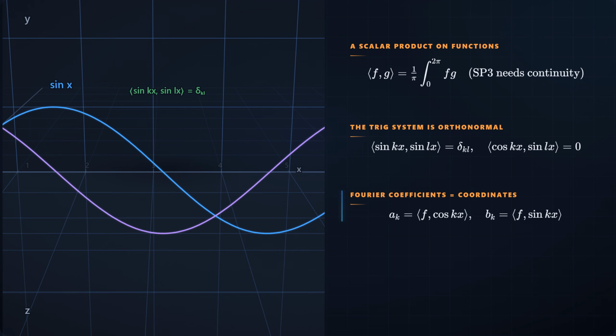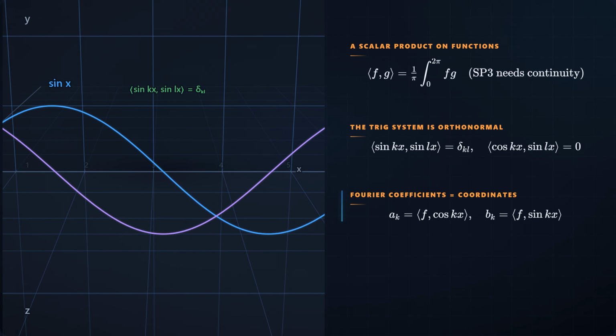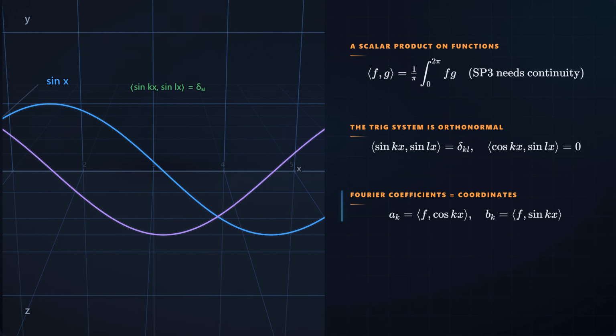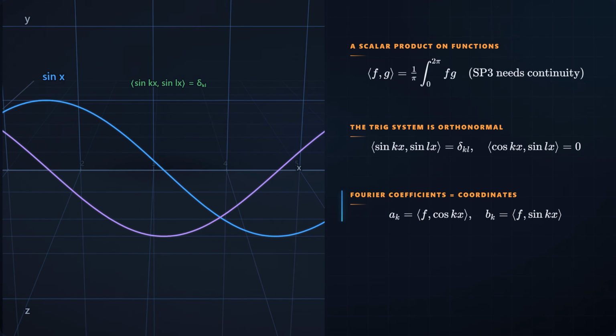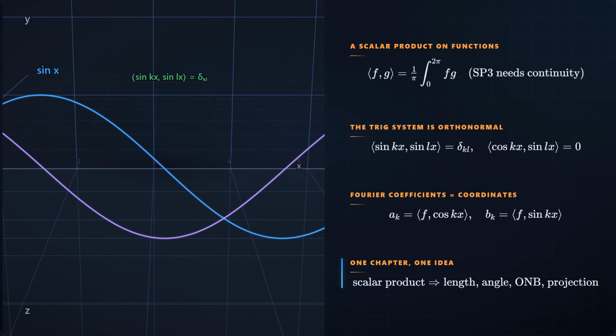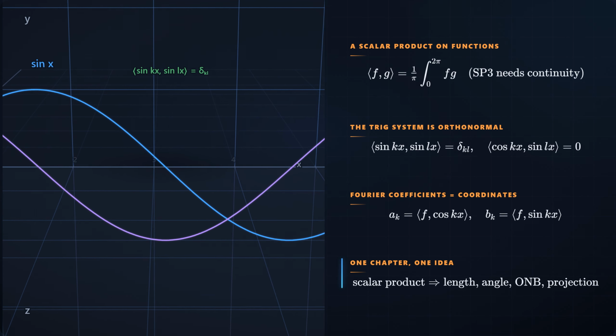One thread, then, running through all 5 parts? One thread. From 3 axioms came length, then angles and Cauchy-Schwarz, then orthonormal bases and Gram-Schmidt, then the spectral theorem, and finally the same geometry running on functions.